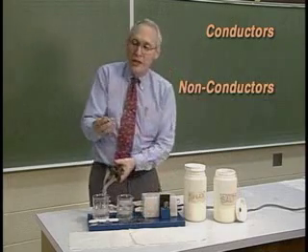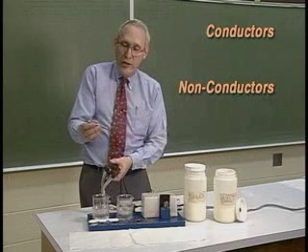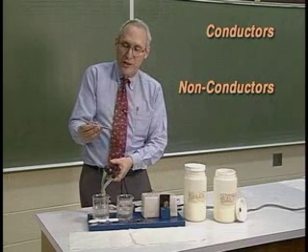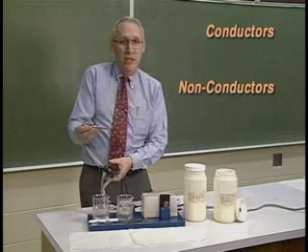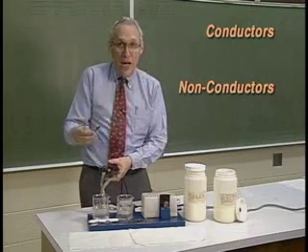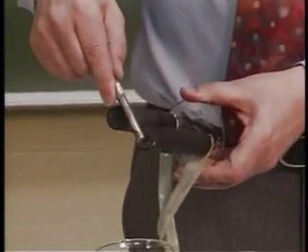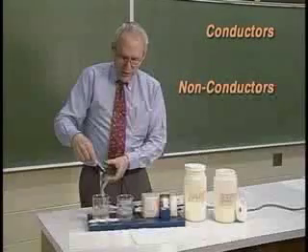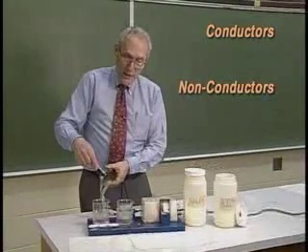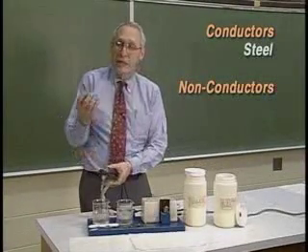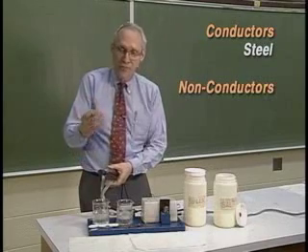Now here's a piece of steel, and we can use that as our first sample to see whether steel is an electrical conductor or a non-conductor. So we lay it here across the electrodes, and the light comes on, and so we classify steel as a conductor of electricity.